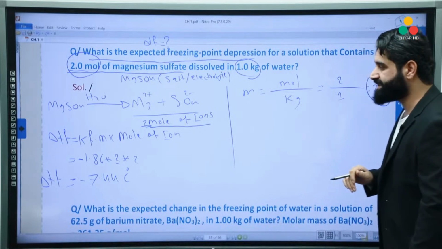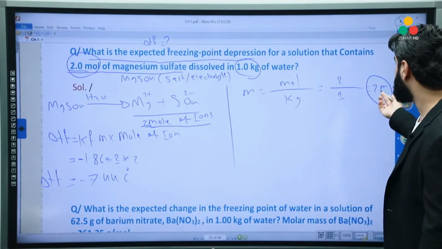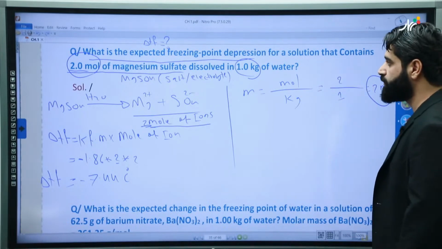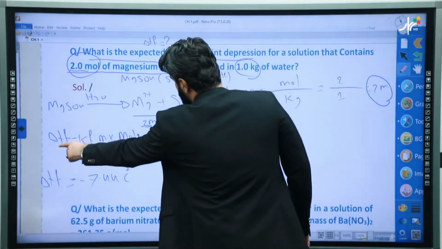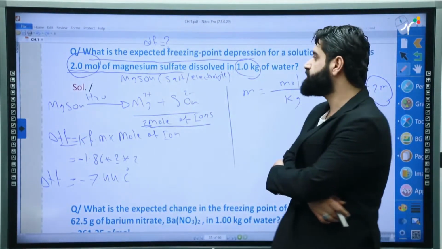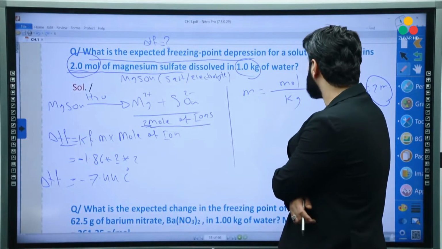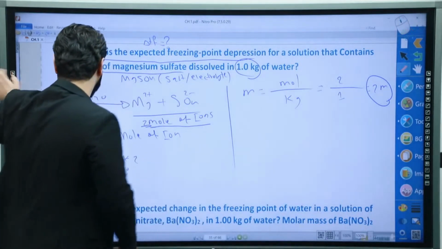So please don't say that they must always be equal. It's possible to have one of them greater than the other. Well, my point is that, again, when we write the equations of freezing point and boiling point, you have to focus on whether the solute is electrolyte or non-electrolyte.